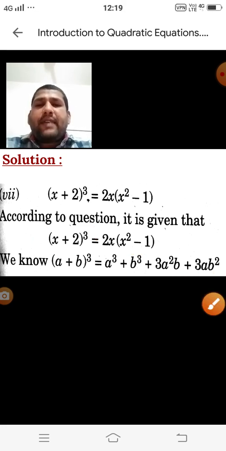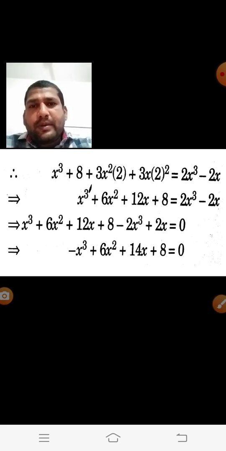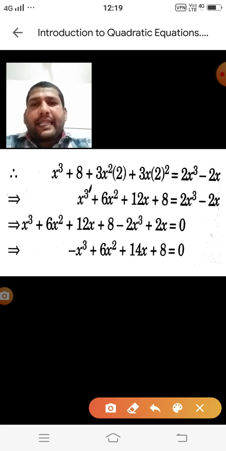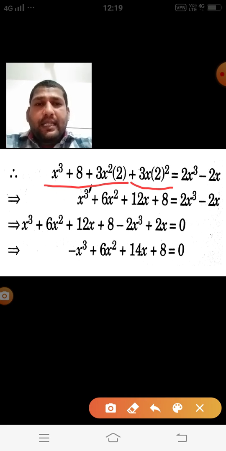And in the left hand side, we are expanding the formula for a plus b whole cube, means x plus 2 whole cube. Then what we are getting? We are getting x cube plus 8 plus 3x square 2 plus 3x 2 square is equal to 2x cube minus 2x. Then we are solving this.